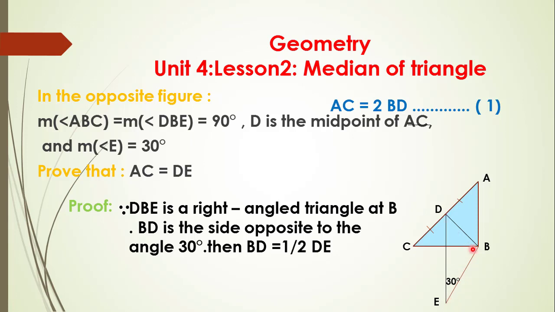This is the hypotenuse, and this is the side opposite to 30, so it is half the hypotenuse. So DE will be 2BD. Do you remember equation number 1? AC equals 2BD. Also DE equals 2BD. What does it mean? It means that AC equals DE.